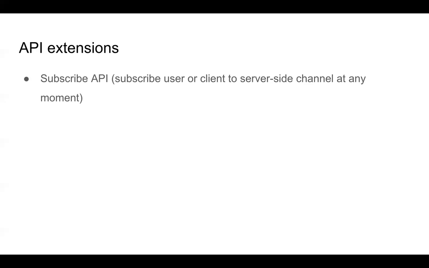Until now, you could only provide a list of channels on connect, inside the JWT or in the connect proxy response.